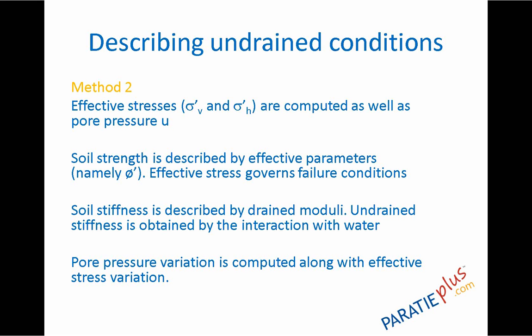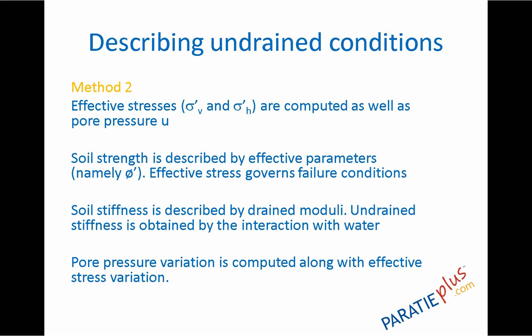And also the stiffness of the soil is related to drained soil moduli. Undrained conditions are incorporated by adding an internal constraint, and everything works if the model is appropriately formulated.